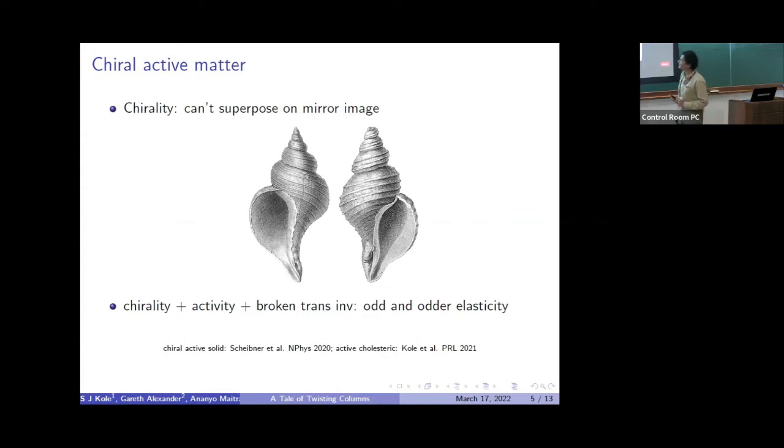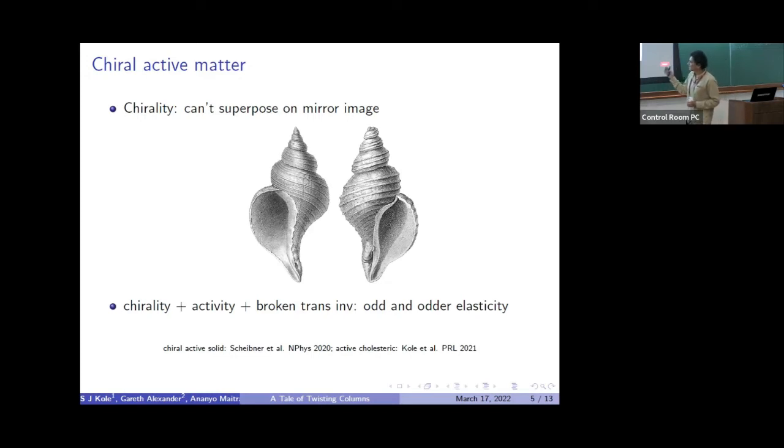Now, chirality, as we know, is when an object cannot be superimposed on its mirror image, and the object is said to be chiral. For equilibrium systems, you don't see chiral effects so far as the mechanical and hydrodynamic properties are concerned. If you have systems which are chiral and active, and say they have broken translational invariance, then interesting effects like odd elasticity appear.